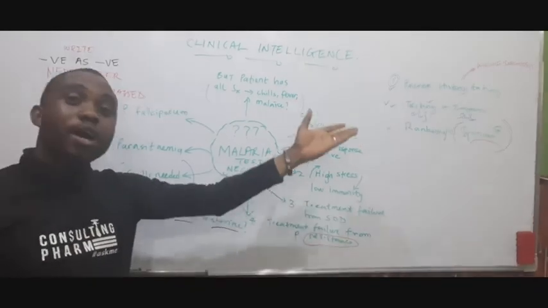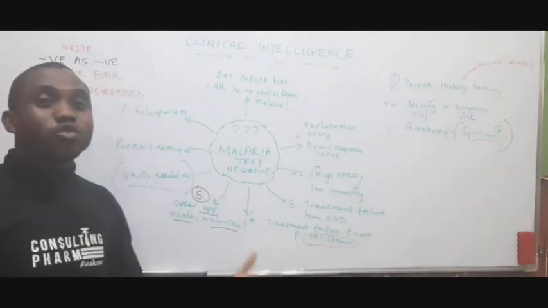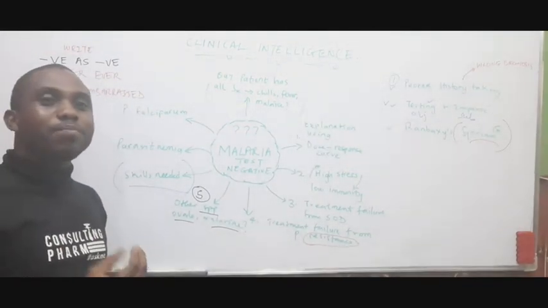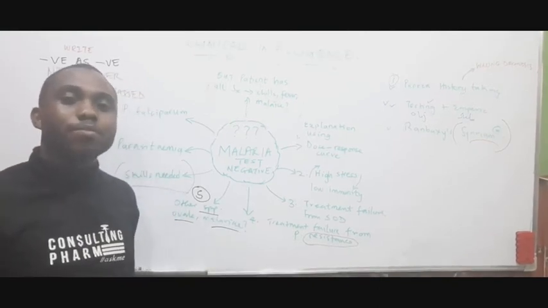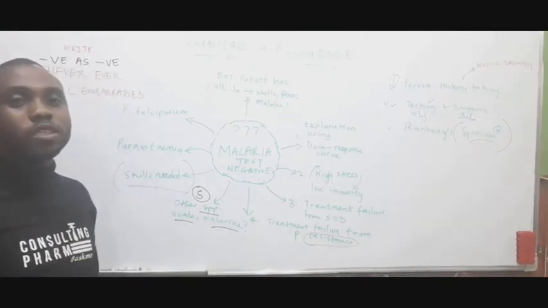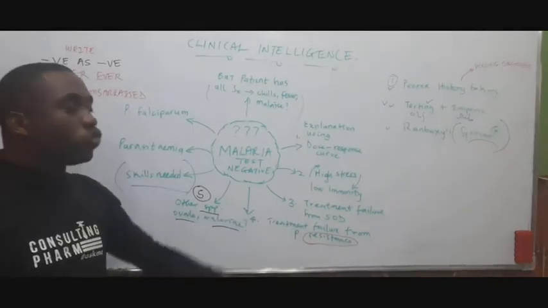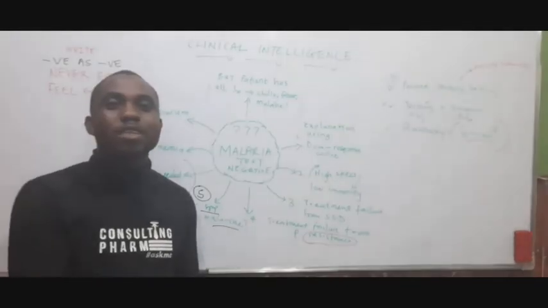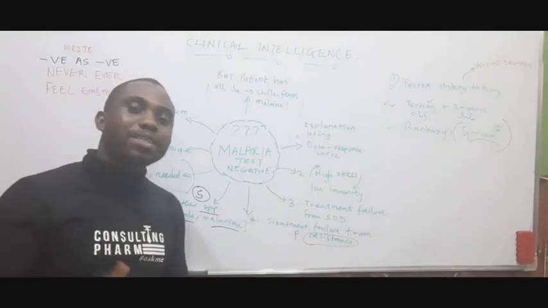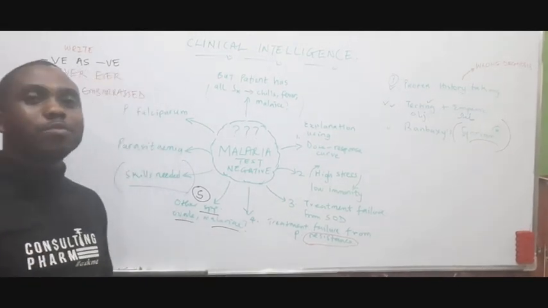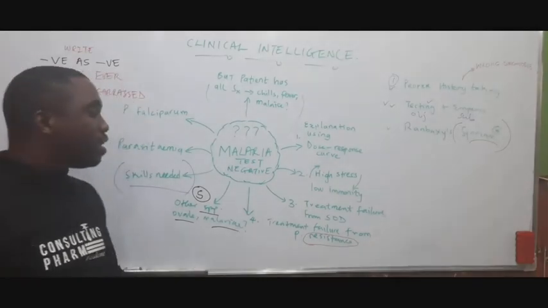If their stress level is so high, then the immune system has reduced such that slight parasitemia that should not ordinarily have caused symptoms is now causing them. It could be due to treatment failure. A malaria treatment has been partially used, but it has only cleared the parasitemia below detectable limits, not complete eradication.